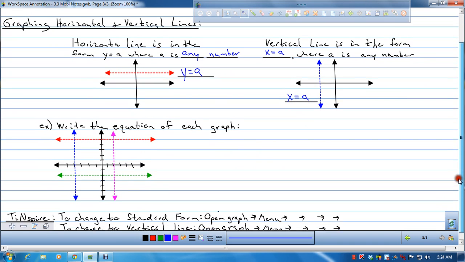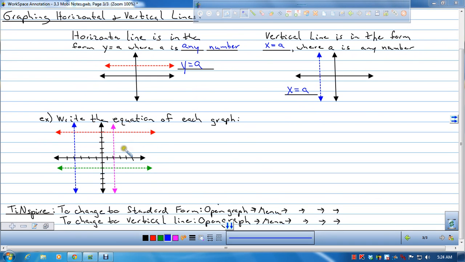Okay, so let's try to write the equations of all of these graphs down here. Start with the red graph, which will be right here. I know you can't see on your paper, but you can see on the video.